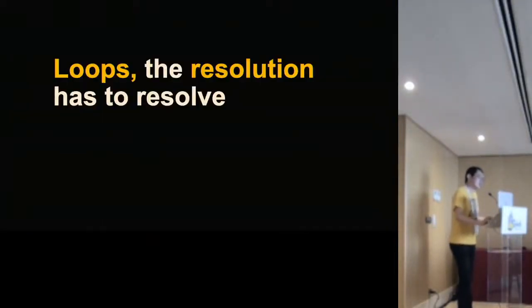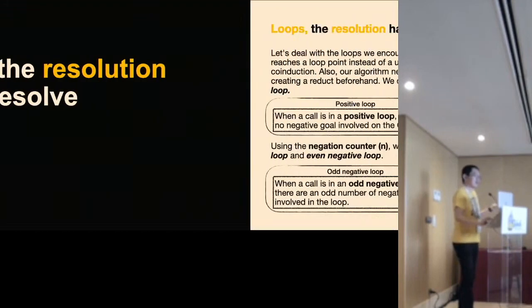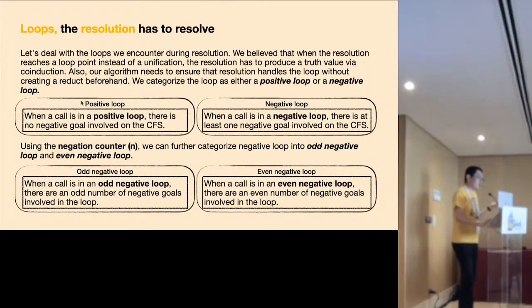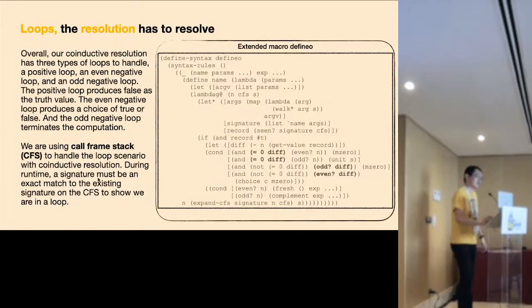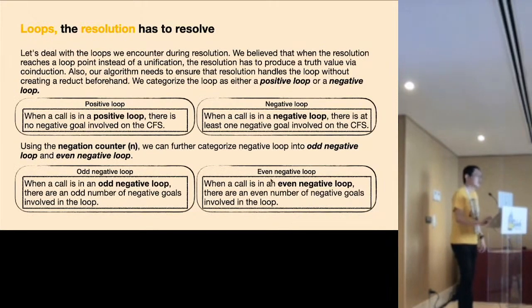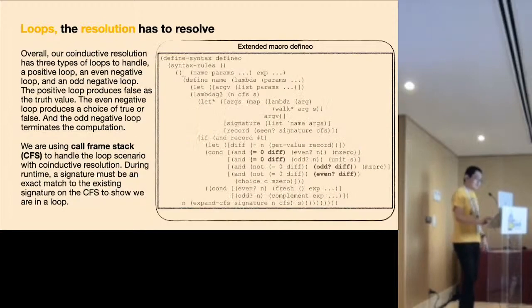Then the third thing is the loops. In a normal program, we have positive rules and negative rules, and further we can categorize them into all-negative rules and even-negative rules. We can also assign the corresponding semantics to them based on the stable model semantics, so we can implement it in Scheme, stableKanren.